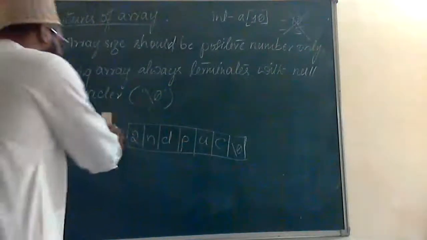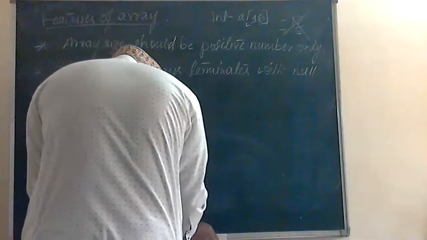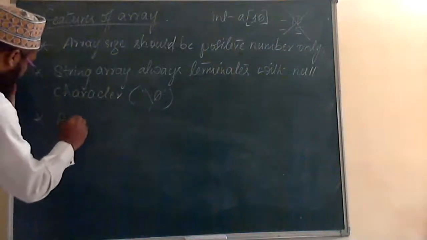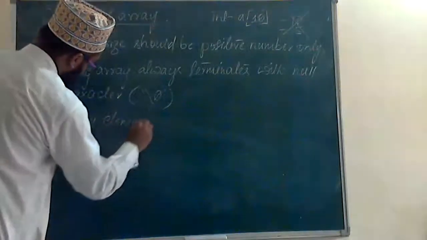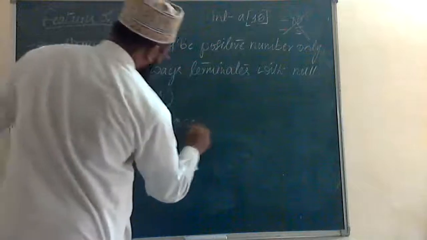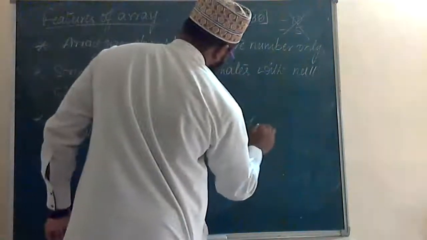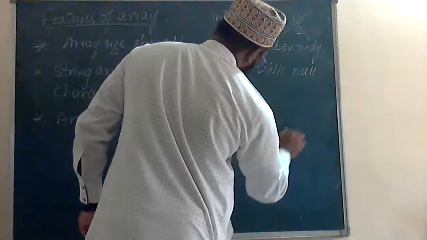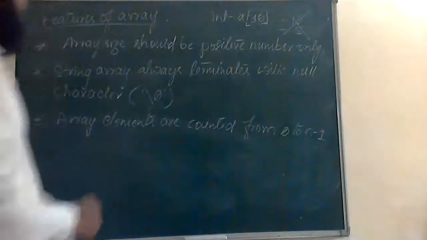Then the next thing, array elements are counted from 0 to n minus 1.